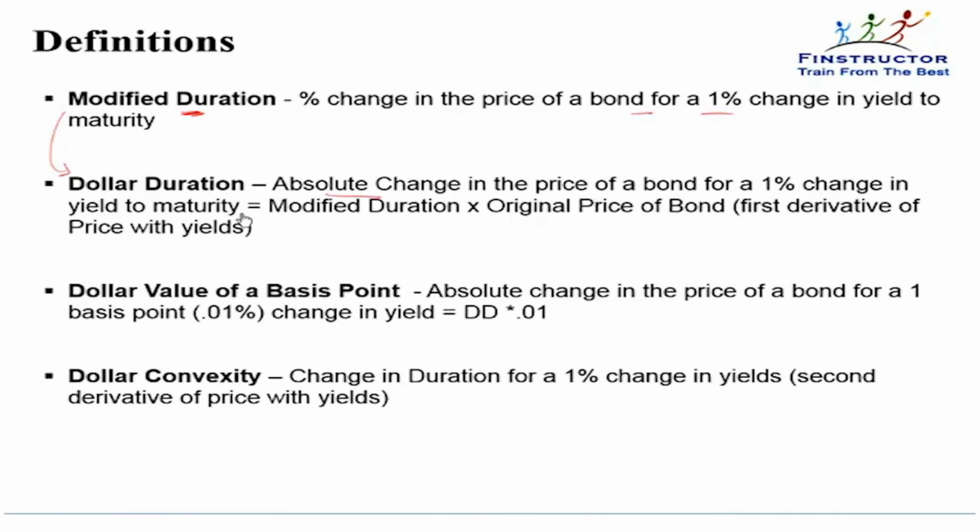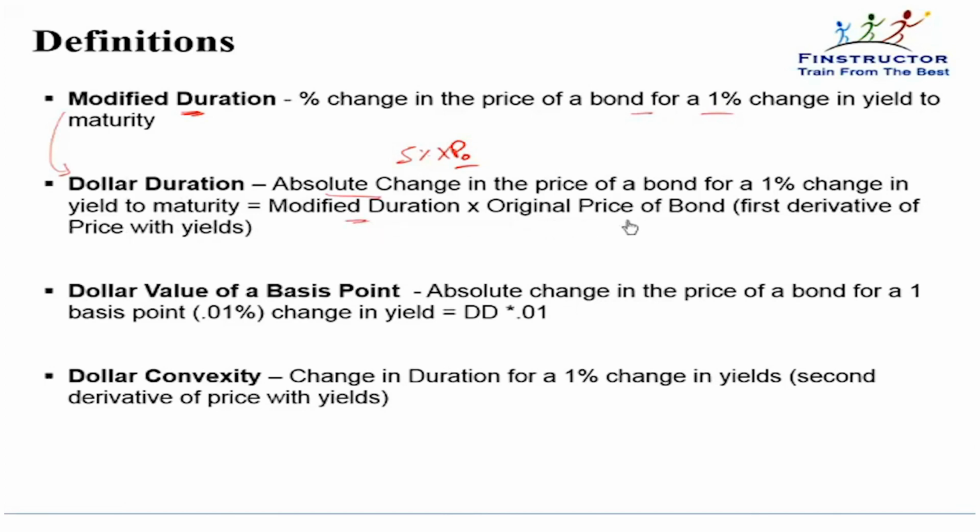If price changes by 5%, how much will be the actual dollar change? It will be 5% multiplied by the original price. Remember, dollar duration is the absolute change for a 1% change in yield to maturity. It will be the modified duration multiplied by the original price of the bond.